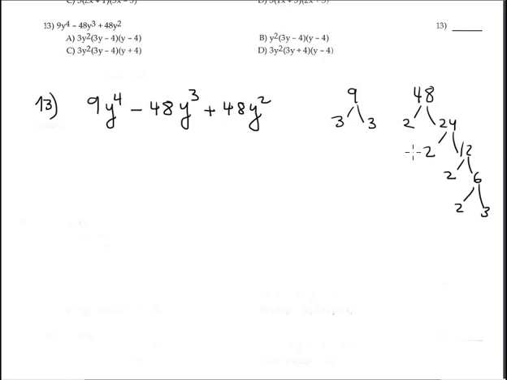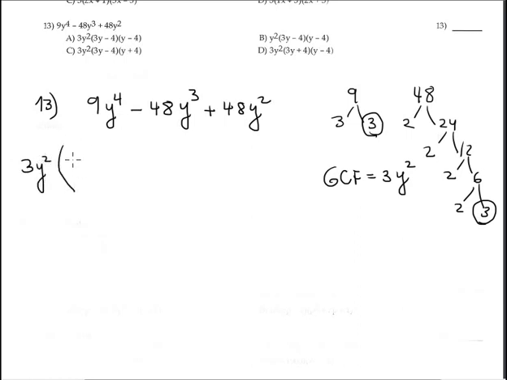That's obvious. Okay, 3 only is the greatest common factor. But the greatest common factor is 3 in the numerical part and y to the second in the variable part. Remember, the smaller exponent. This is 3y to the second outside.